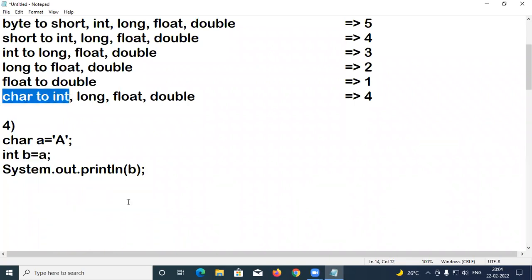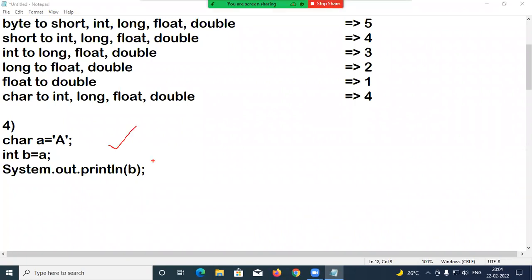Character to integer, so it is valid. We are printing the B value. In which format is B printed? Integer format. So capital A, what output comes? 65. So it is valid. You'll get output 65. Now write this one. It is valid. Output is 65.